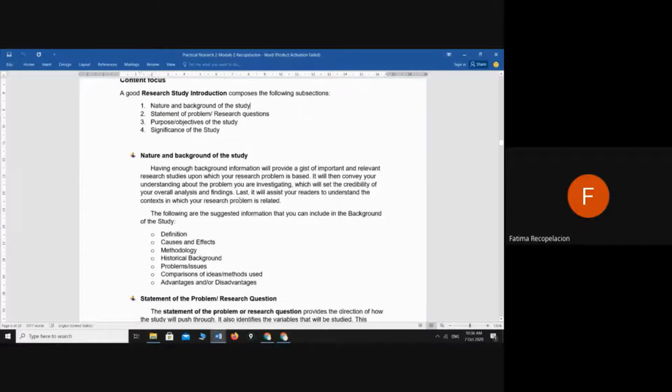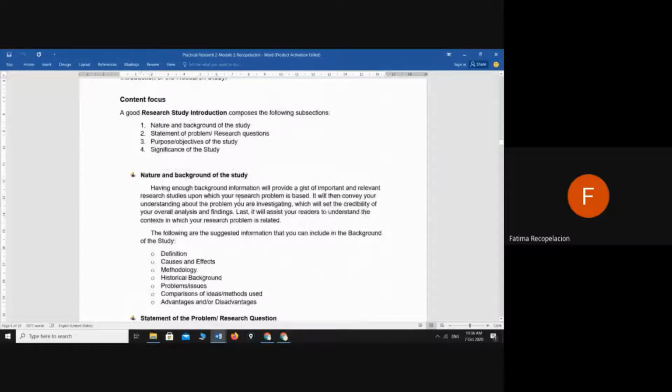What should be indicated in the nature and background of the study is also the rationale behind why you chose that particular research topic.